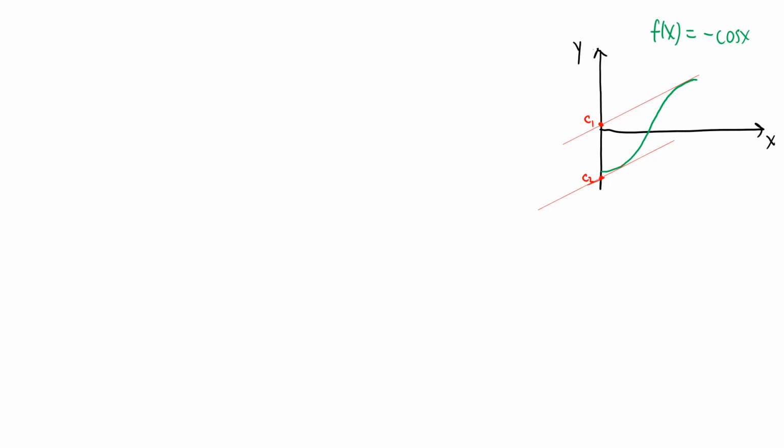But here I give you one number u, which is one slope, and it can give me either this C1 or this C2. So you cannot construct a function that way.